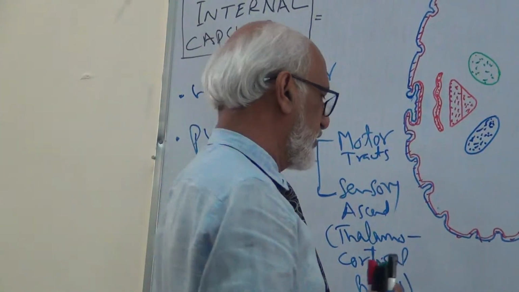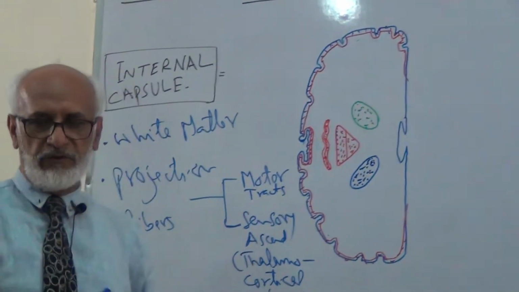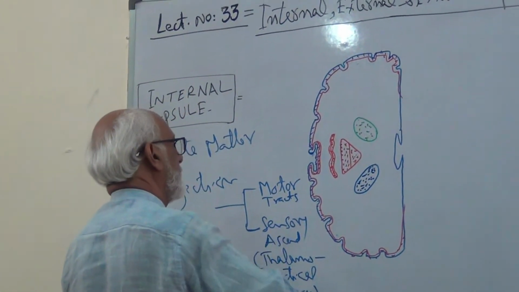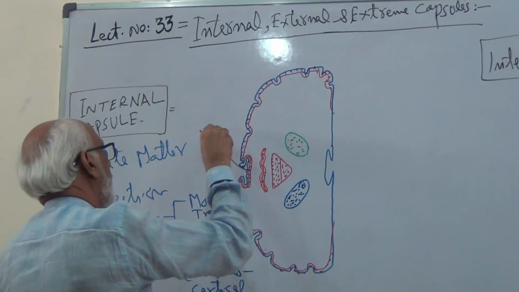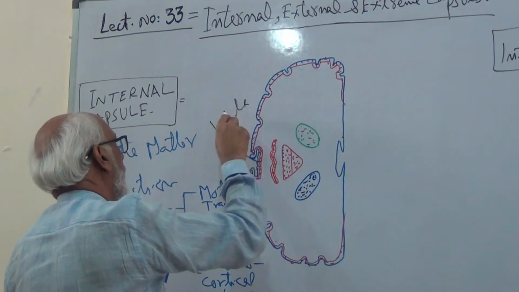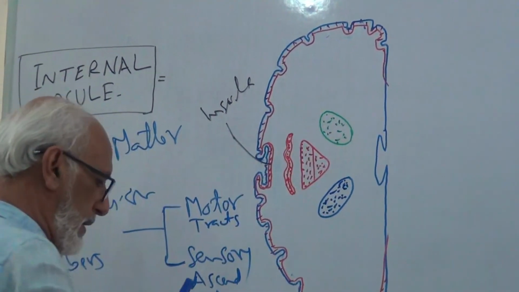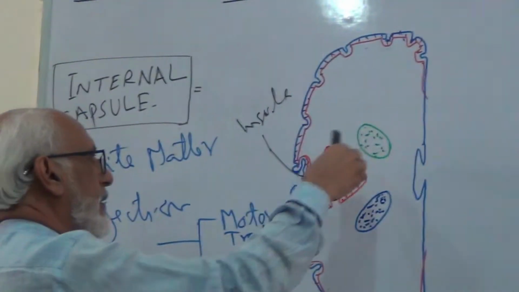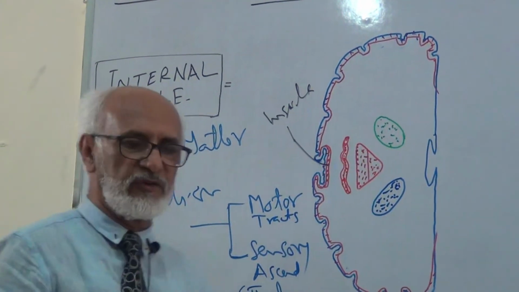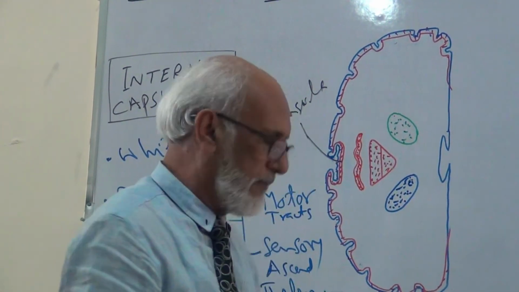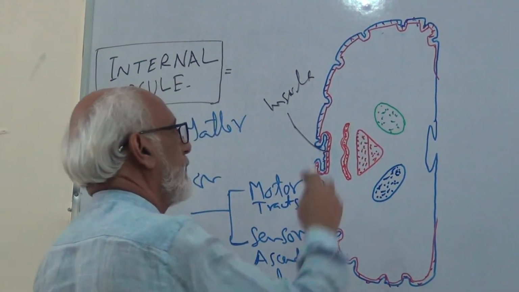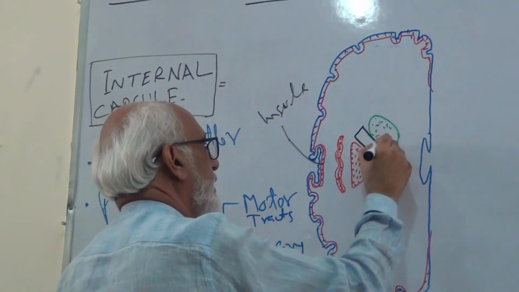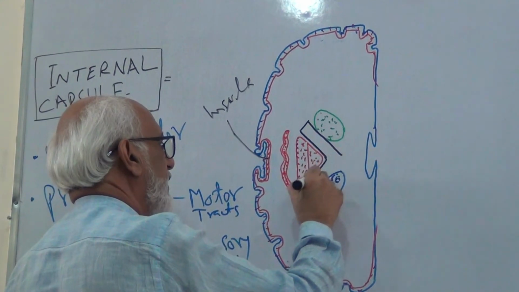Now if we cut a horizontal section through cerebral hemisphere at the level of insula, these projection fibers in the form of corona radiata pass through some of the major nuclei of the basal ganglion. So the internal capsule comprises various parts.